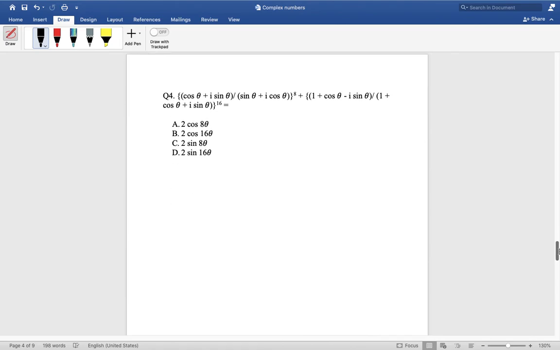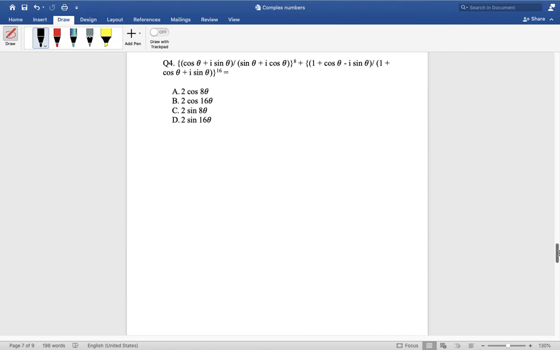Now let us look at problem number 4. I would say this problem would take some time, at least 2 minutes for the solution. So: (cos theta plus iota sin theta divided by sin theta plus iota cos theta) whole raised to the power 8, plus (1 plus cos theta minus iota sin theta divided by 1 plus cos theta plus iota sin theta) whole raised to the power 16, is equal to what?